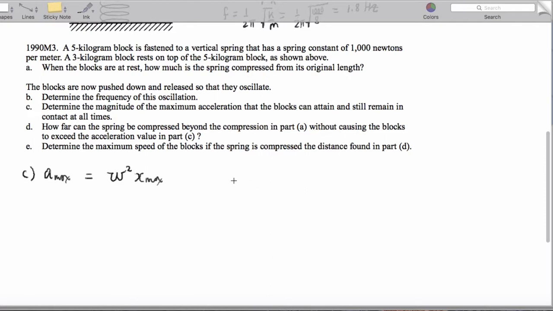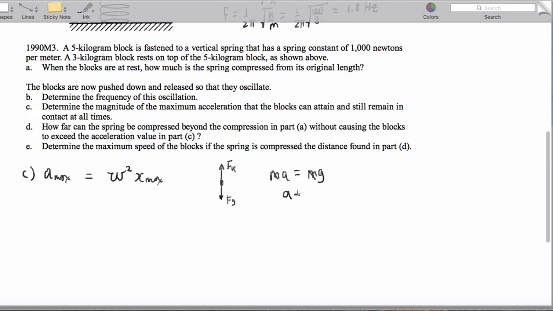And I don't know if we even need to go this deep, but let's just draw a free body diagram. We're going to basically say there's the upward force from the spring and the downward force of gravity. And we're going to lose contact when this net force is 0. So in other words, ma equals mg.